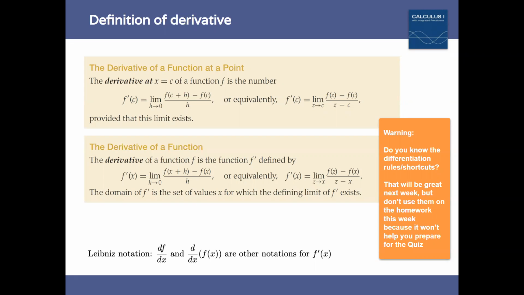If you write this as C plus h minus C, you'll see that it's just h in the denominator. And as h goes to 0, the second point gets close to the first point. Z gets close to C. Okay, so you can use either of these two. We are almost always going to use this one, but occasionally that one will come in here.